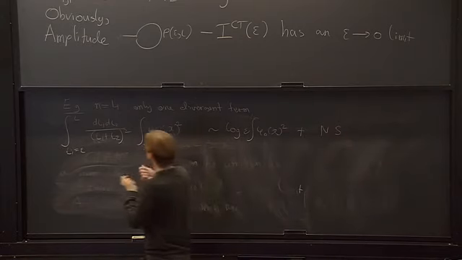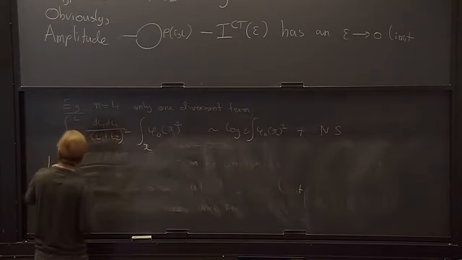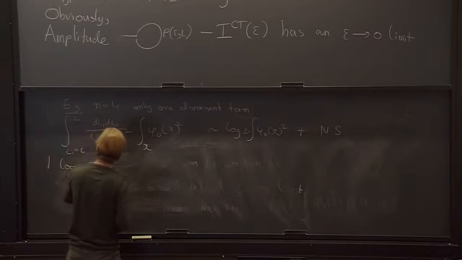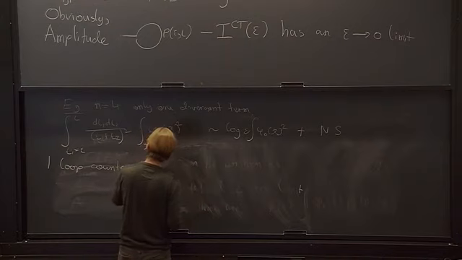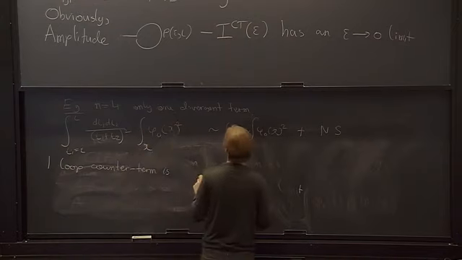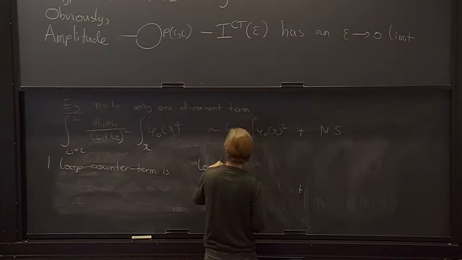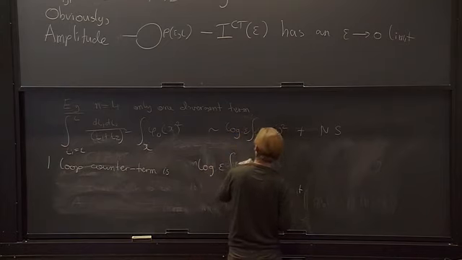So in this case, we find the one-loop counterterm is log epsilon times the integral over x.